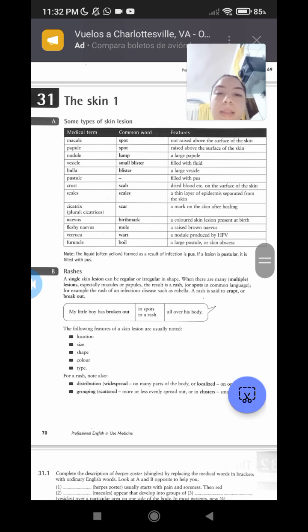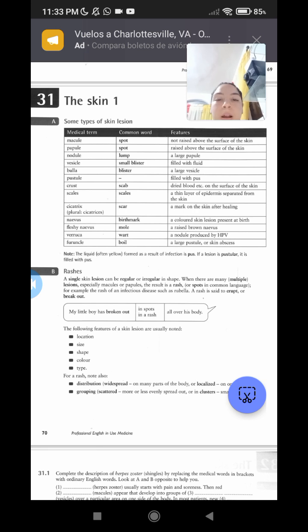The skin. Some types of skin lesions. Macules are spots not raised above the surface of the skin. Papules are spots raised above the surface of the skin. Nodules are large papules. Vesicles are small blisters with fluid.